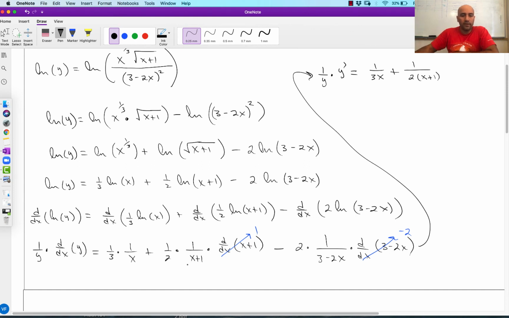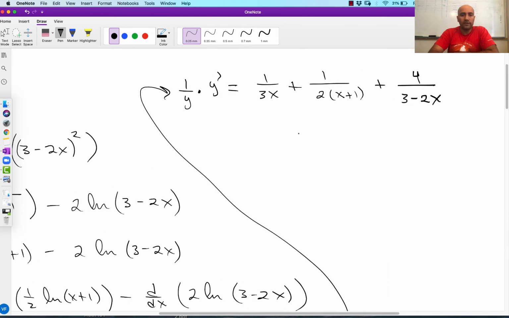Remember, this is a 1 there. And then we get a minus minus, so plus 4 divided by 3 minus 2x. Okay, so that looks like I copied it right. Let's zoom up here now.